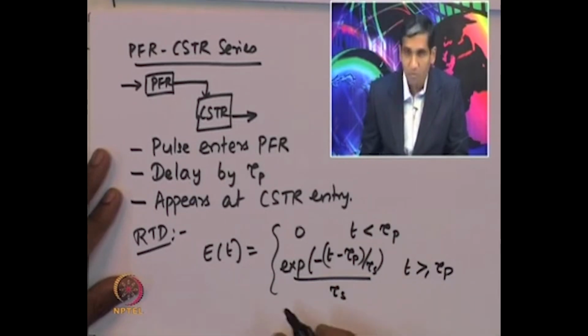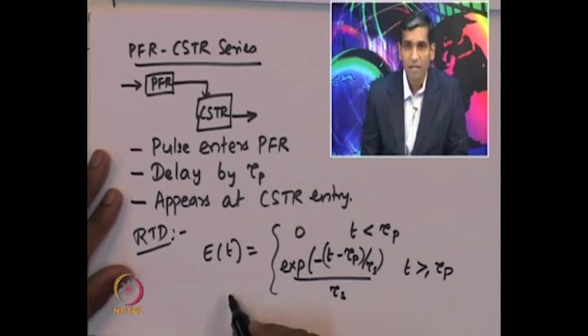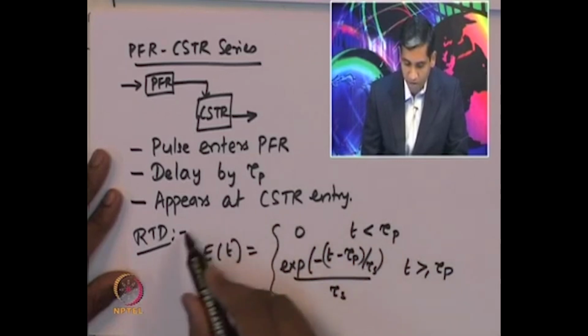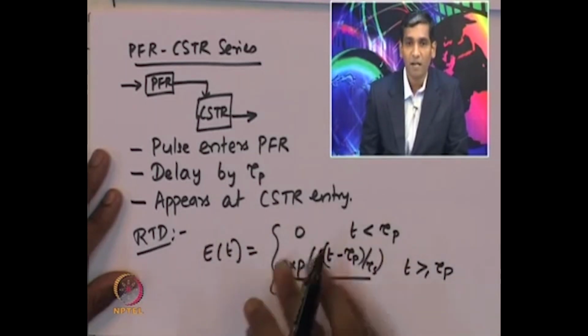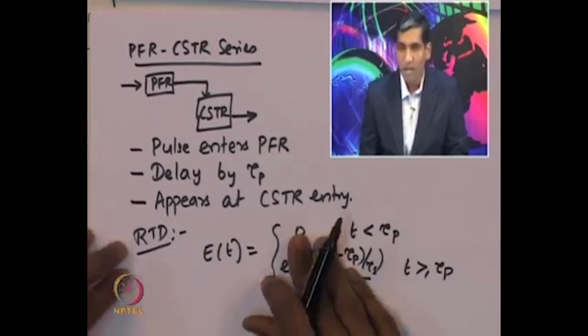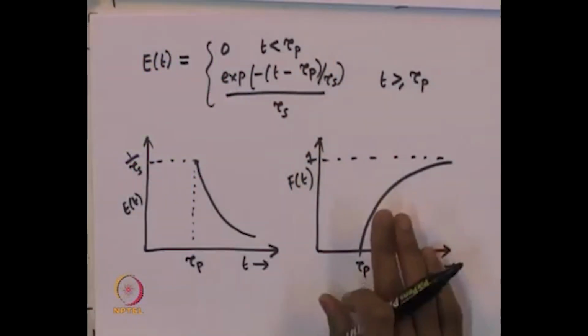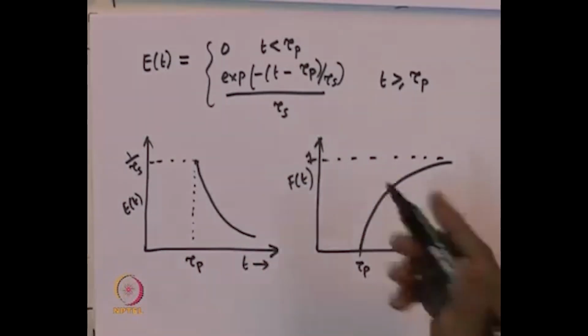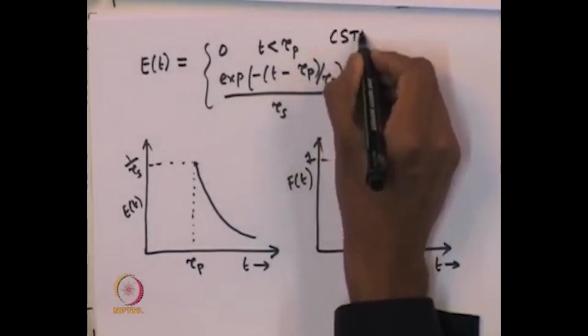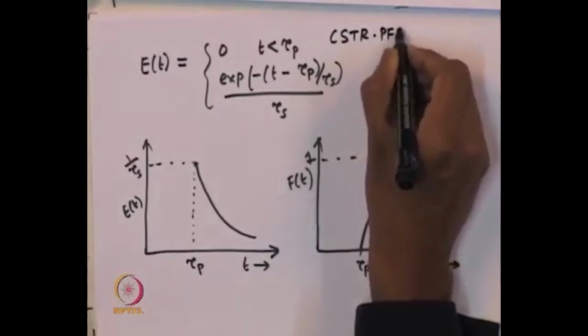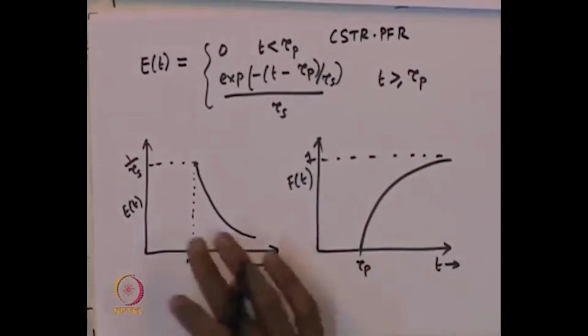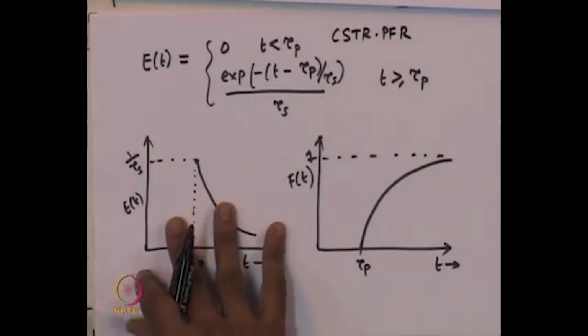So, what one can clearly see is that if you compare the residence time function of the plug flow reactor and CSTR appearing in series, with the residence time function of the situation of the CSTR followed by the plug flow reactor, these two residence time functions are exactly one and the same.